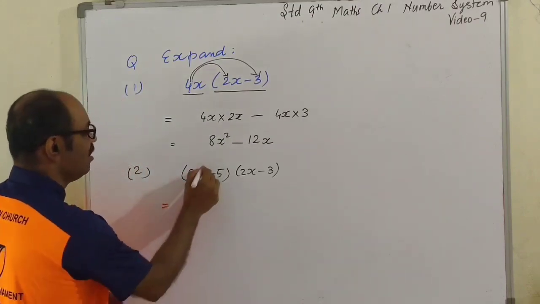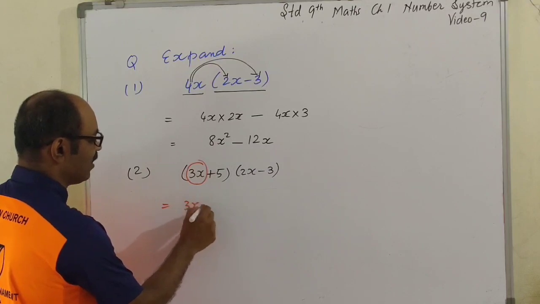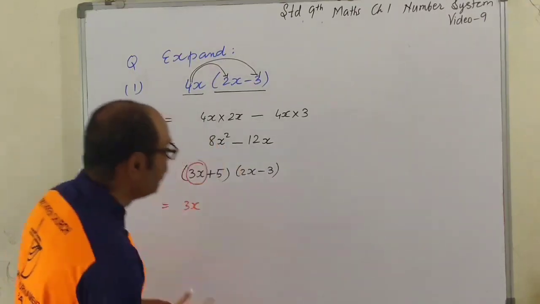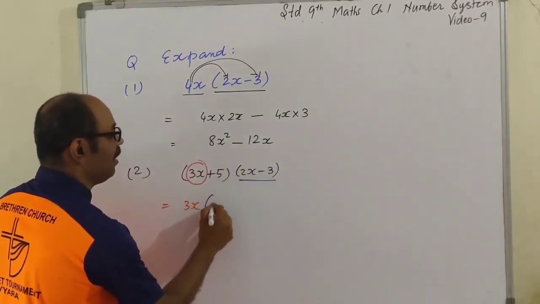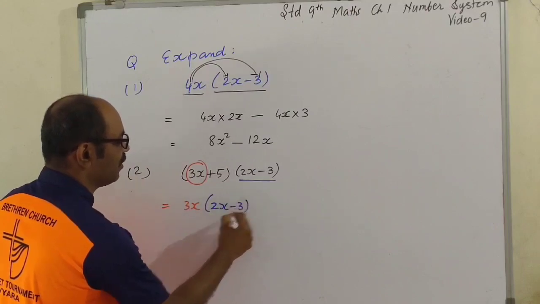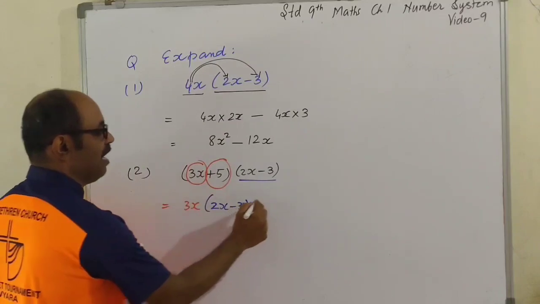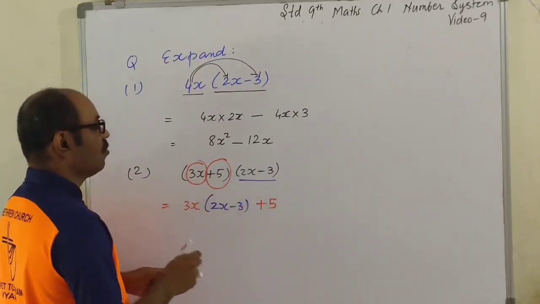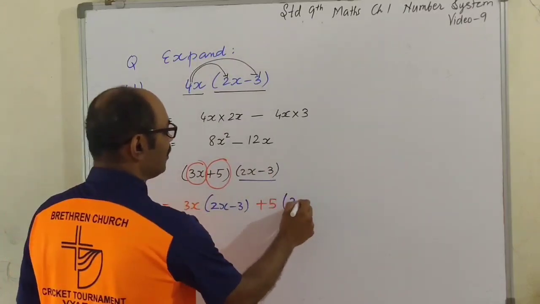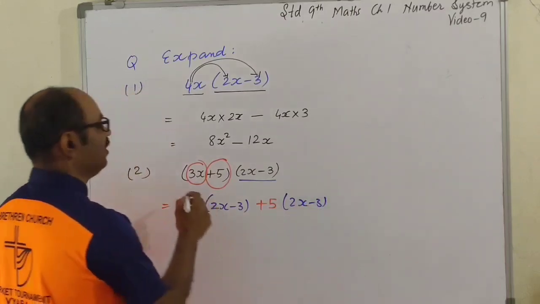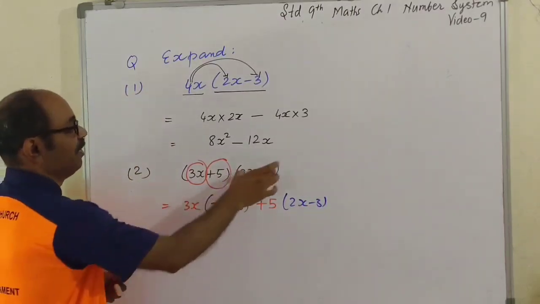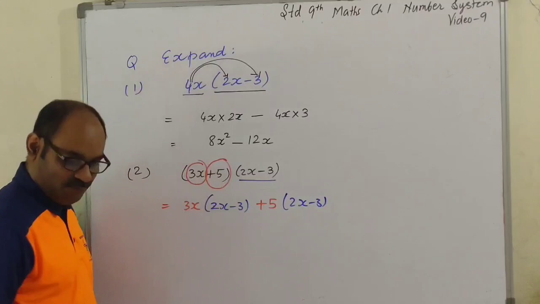कैसे करते हैं? ये जो फर्स्ट टर्म है 3x, उसको सेकंड बाइनोमियल से मल्टीप्लाई करो, 2x माइनस 3. देन ये जो सेकंड टर्म है which is plus 5, उसको वही सेकंड बाइनोमियल से, actually you are distributing this bracket with 3x and 5.